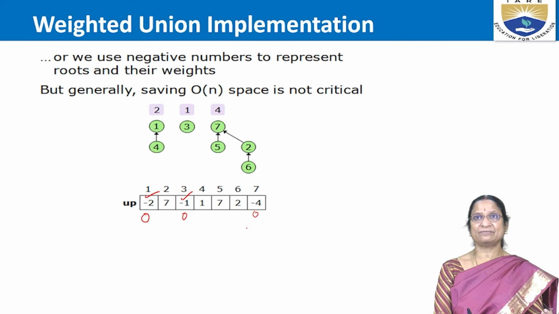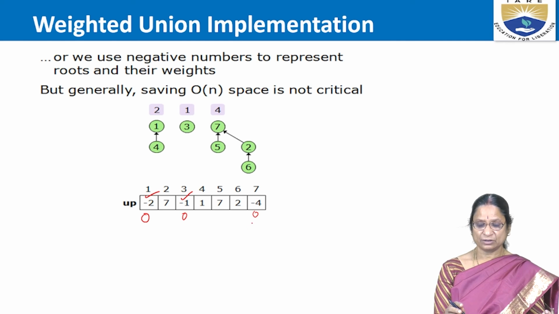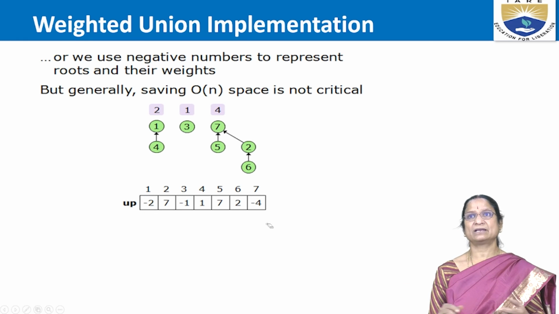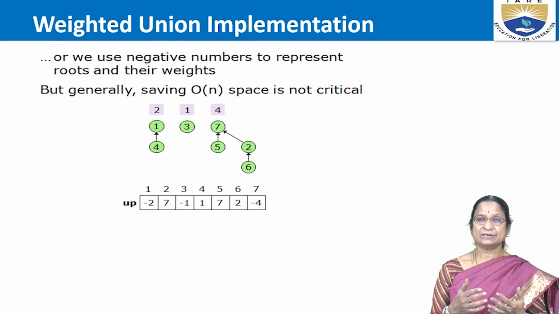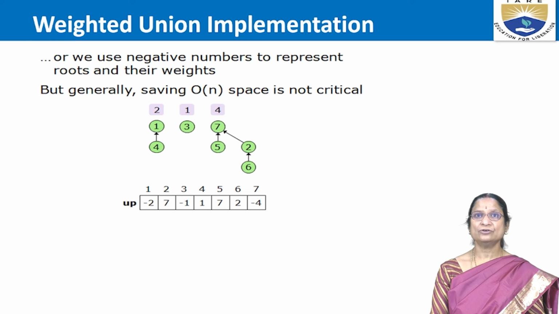What is the weight of the 7 tree? 4, the number of nodes, so we represent it as -4. A negative value indicates it is a weight and the node is a root. A positive value indicates it is the parent of the respective node. So order of n space is saved.